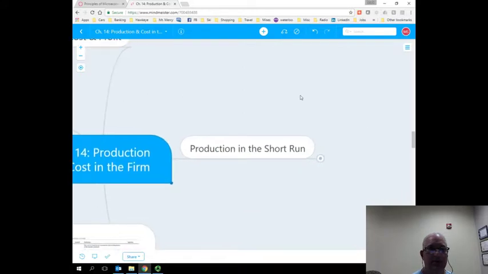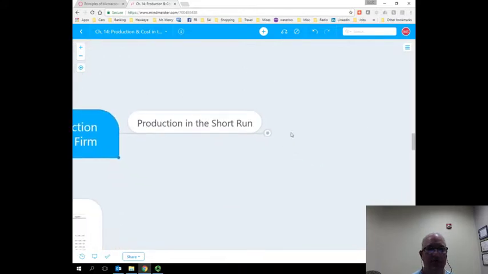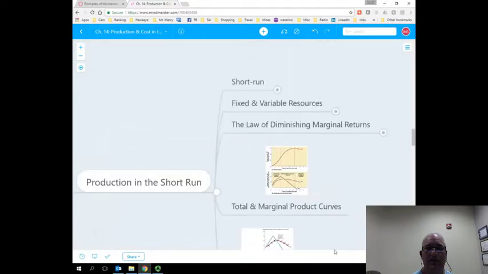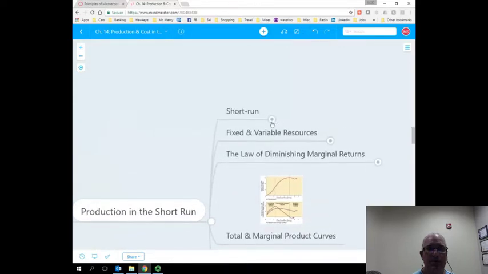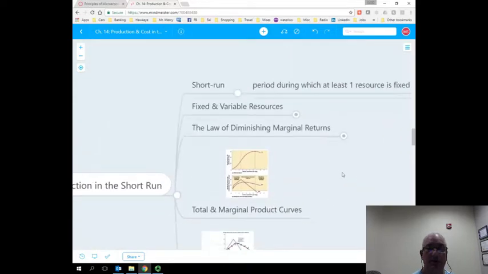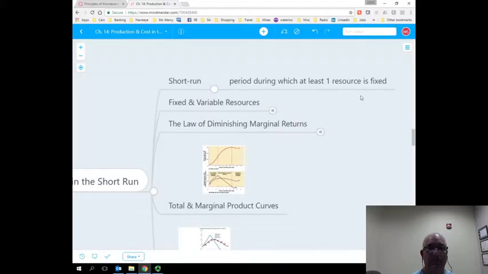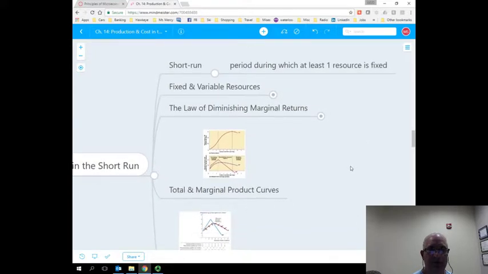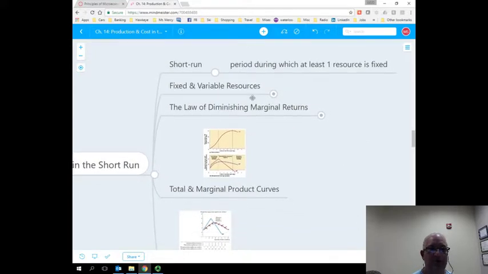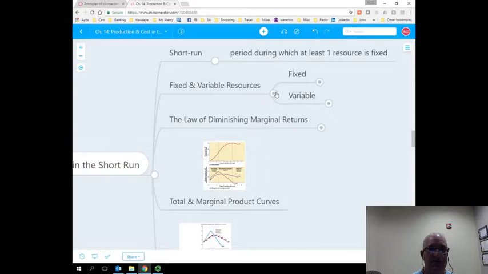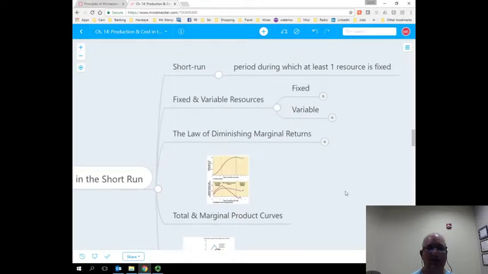Next, we're going to look at the production side, and we're going to look at the short run. Just as a reminder, the short run is a period during which at least one resource is fixed. So that's your definition of the short run. Next, we're going to look at fixed and variable resources in the short run.